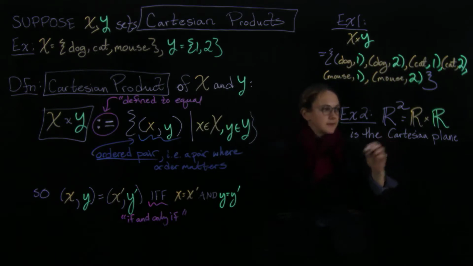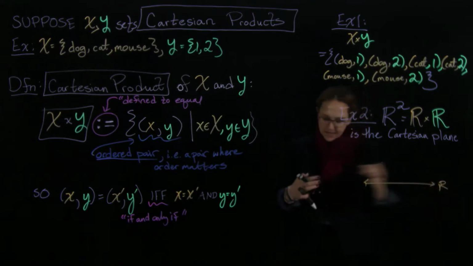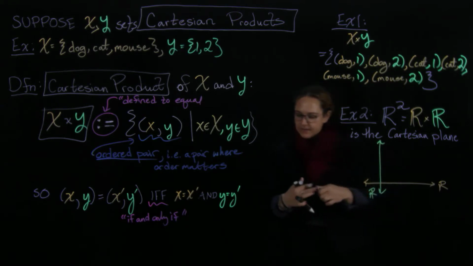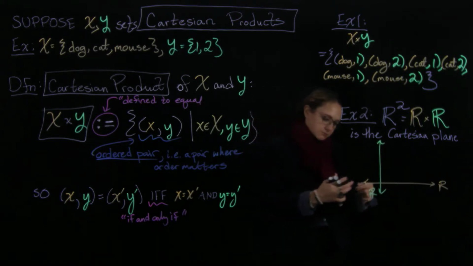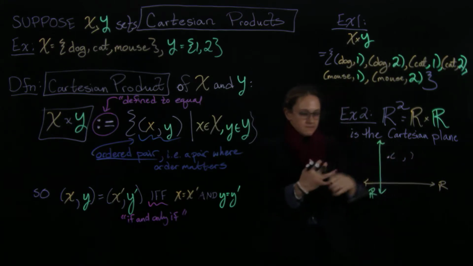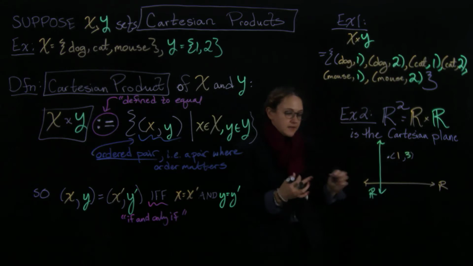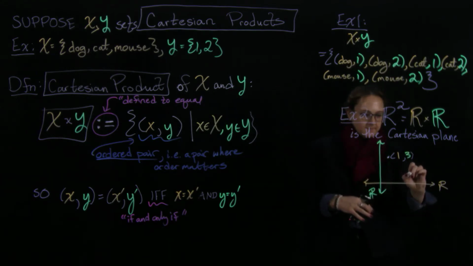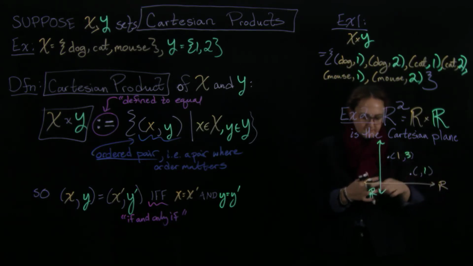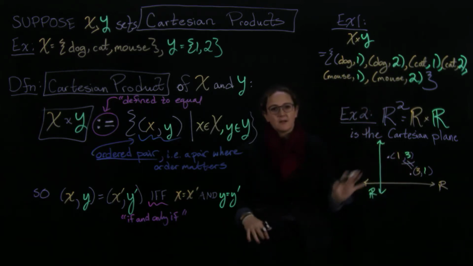You can almost think of it as this one giving me the first copy of R, and this one giving me the second copy of R. If I have the point (1, 3), for example, my first coordinate is 1 and my second coordinate is 3, which is not equal to the point (3, 1). These points are not equal, showing us that order does matter.